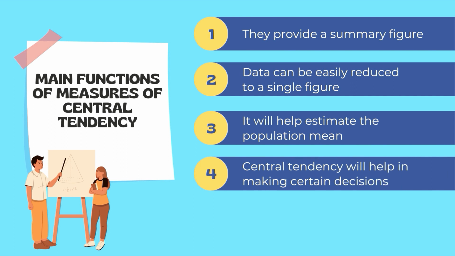Central tendency will also help you make certain decisions at certain times. Suppose one college has to take admission of students, how can they decide what the cutoff would be? Of course, it can be on the basis of the average score of your performance in the +2. Suppose you see the cutoff is 99, 95.